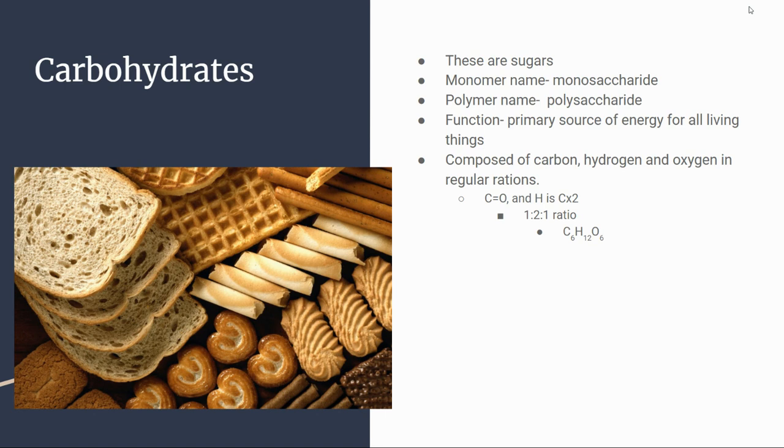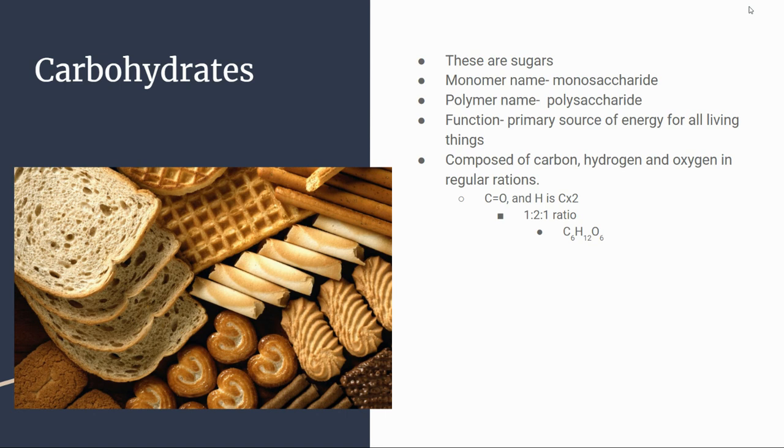Carbohydrates are composed of carbon, hydrogen, and oxygen in regular ratios. So the amount of carbon equals the amount of oxygen, and the amount of hydrogen is always carbon times 2, or it's in a 1 to 2 to 1 ratio.